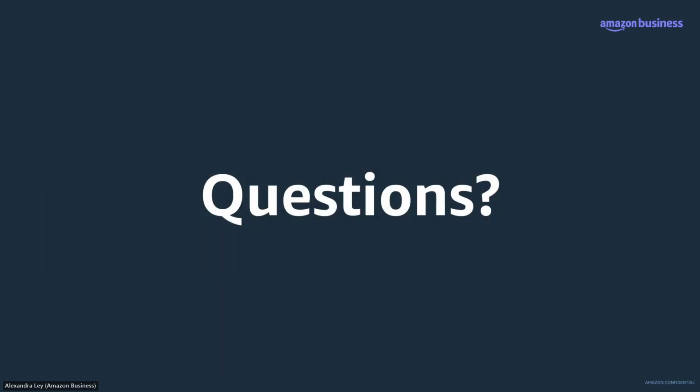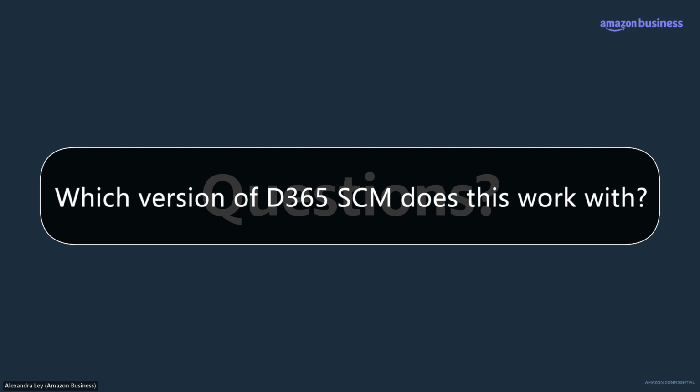One question was, what version of Dynamics 365 SCM does this work with? This capability, the external catalogs requisition, and specifically the ability to send cXML purchase orders, has been in D365 as a feature since around 2020.